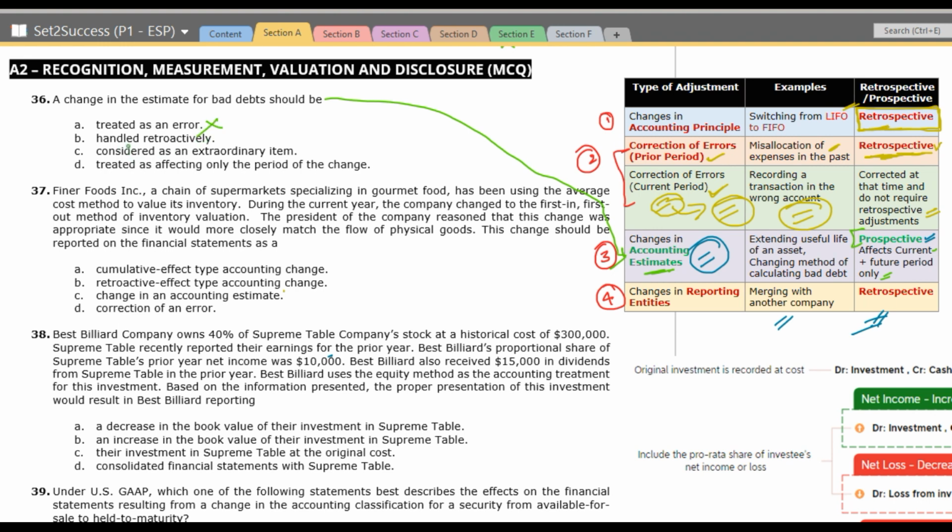It is not handled retrospectively, it is handled prospectively. Considered as an extraordinary item? A change in estimate for bad debt is not treated as an extraordinary item. Treated as affecting only the period of the change plus the future periods, that is, the current period plus the future period. So this is the correct option.